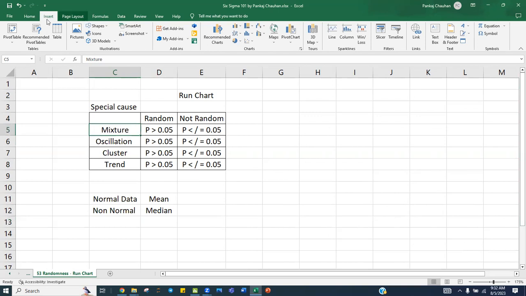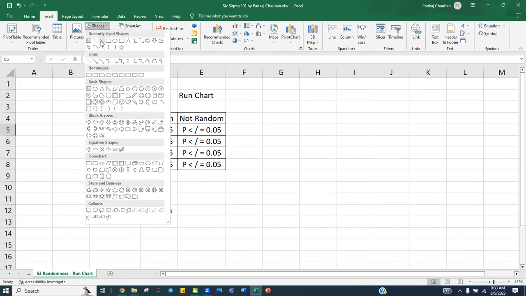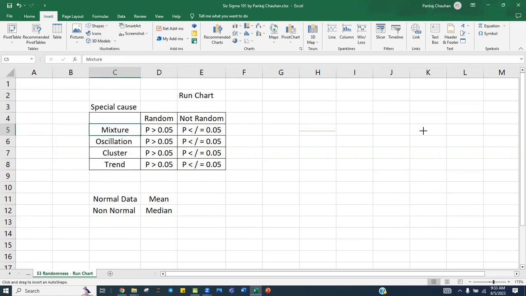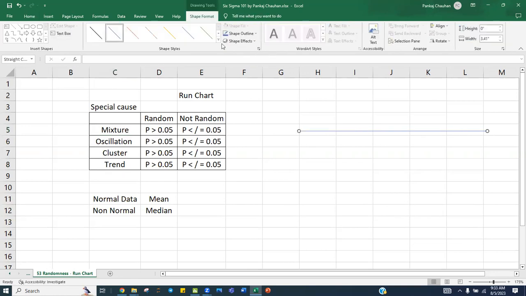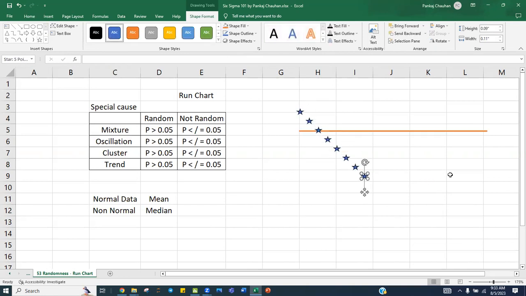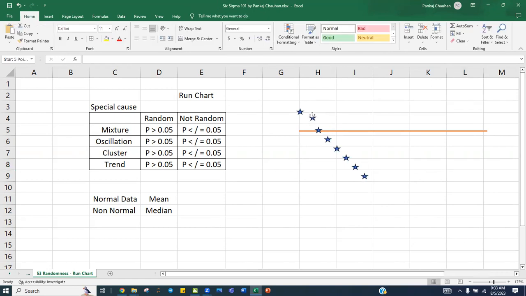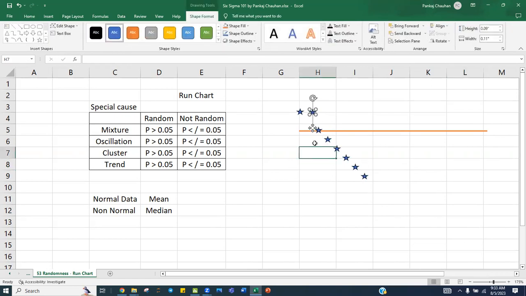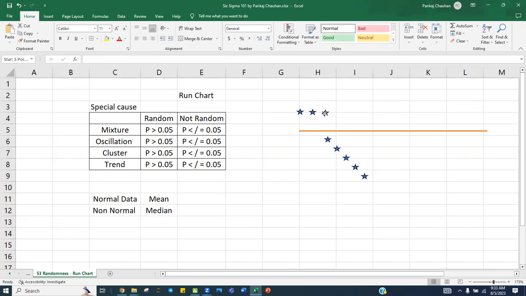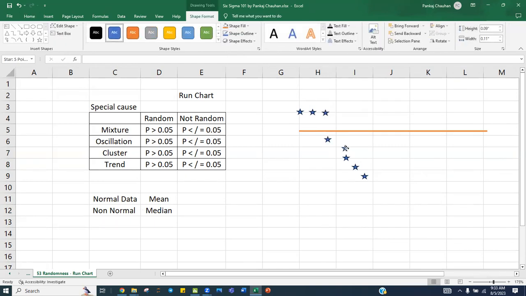So mixture of the data is, suppose this is your mean line or the median line of the data, and you have collected some data points, maybe like this star, and data is mixed from 2 different populations. Suppose one person of your team is doing on average 15 transactions, where your process target is that on average they should do at least 10 transactions.